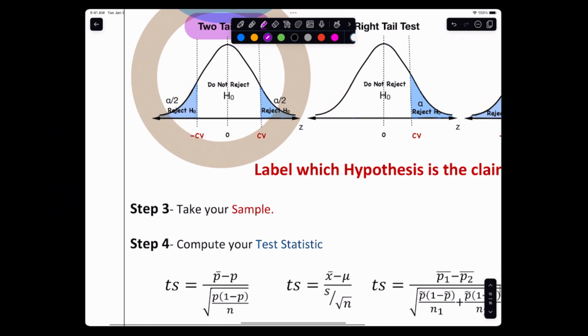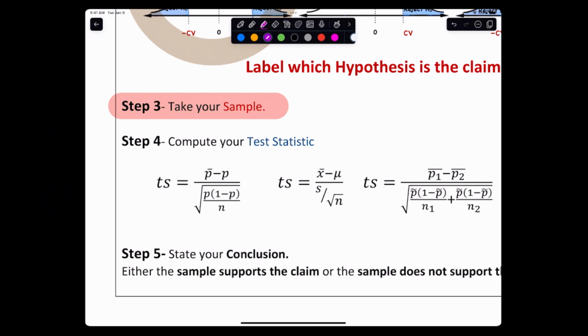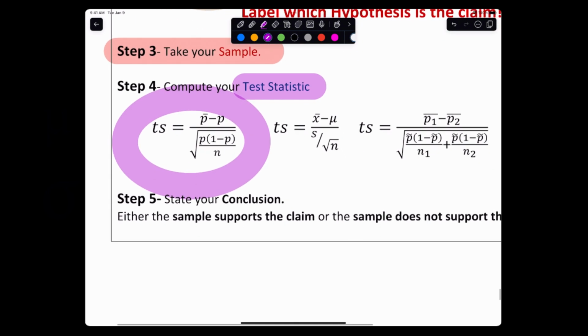Step 3, you're going to take a what? Sample in step 3. Step 4, you're going to compute a what? Test statistic. And the last step is to draw your what? You're going to have a conclusion step. Now, the good news is there's only two conclusions.